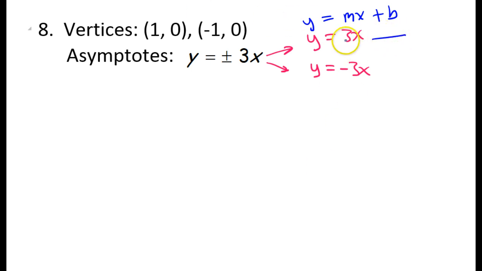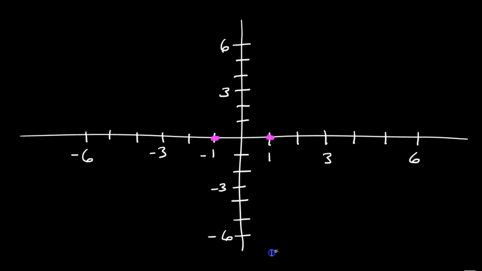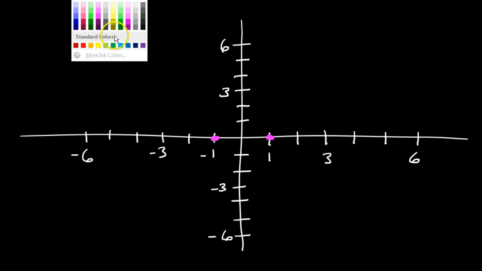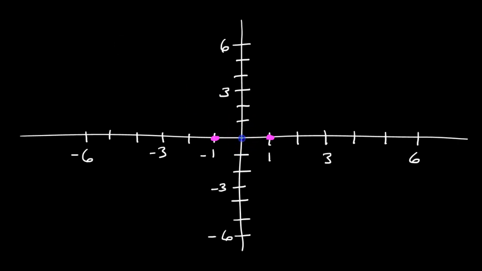So this is a line that goes through 0, and then it has a slope of 3. Or you could think of it as 3 over 1 if you wanted to talk about the rise and the run. So I'm going to draw this. It's starting at 0. This is the center. And it has a rise over run of 3 over 1. So if I go up 3 over 1, that's going to be a point on the asymptote.